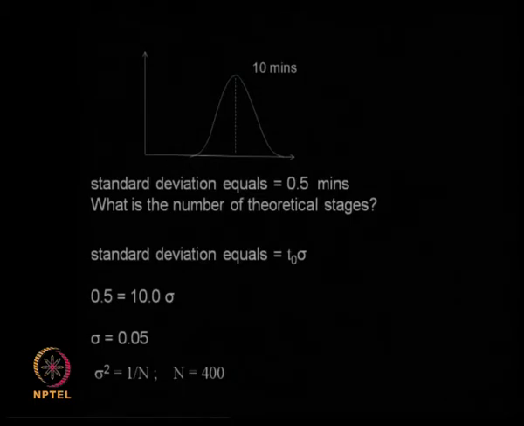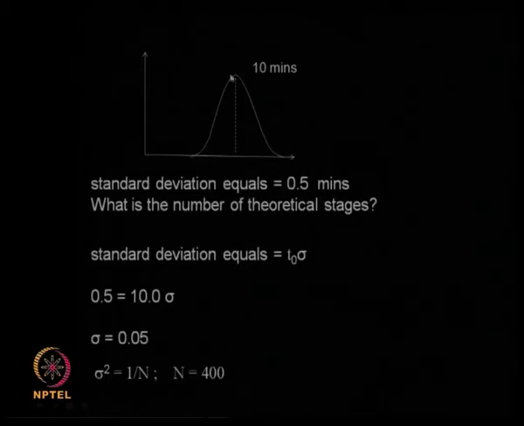Does it have a large number of stages or a small number of stages? If you are buying a packed column from a vendor, we generally ask how many stages it has. Does it have 400 stages, 500 stages, 1000 stages, 2000 stages? By looking at what the vendor is saying, and when we know the number of theoretical stages, we will be able to tell what the width of this particular peak will be. Why is it important?